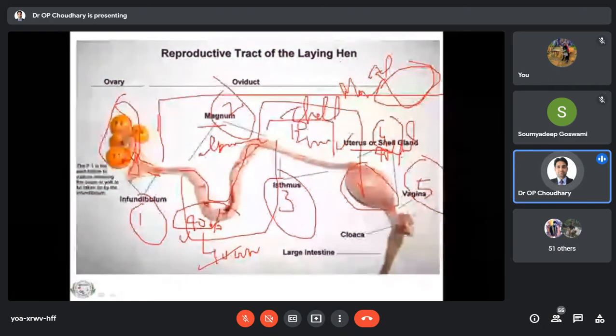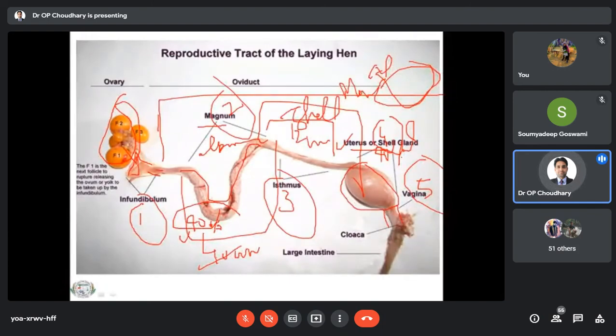The last part is the vagina, and this vagina is 12 centimeter long, and the walls of the vagina are very muscular. The vagina usually terminates in the cloaca, and I already told you that the cloaca consists of 3 parts: proctodeum, urodeum, and coprodeum.